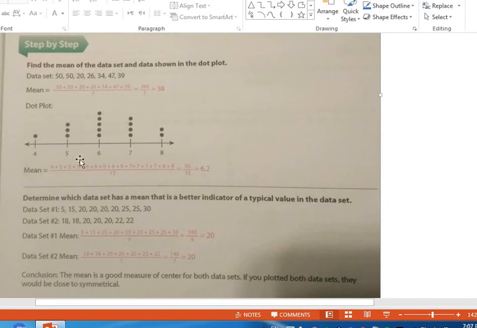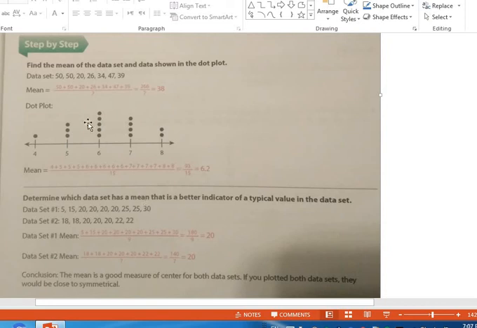I will add all the counts: 1, 2, 3, 4, 5, 6, 7, 8, 9, 10, 11, 12, 13, 14, 15. Or I can just count all the numbers, not making a sum, so it will give me 15. So 93 over 15 will give you 6.2. By that we have covered the mean lesson.